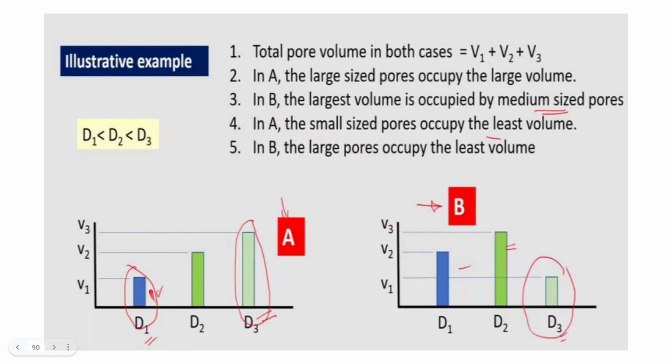Similarly, in A, the small size pores occupy the least volume, that is D1 has the least volume V1. However, in B, the large pores occupy the least volume, so D3 has the least.